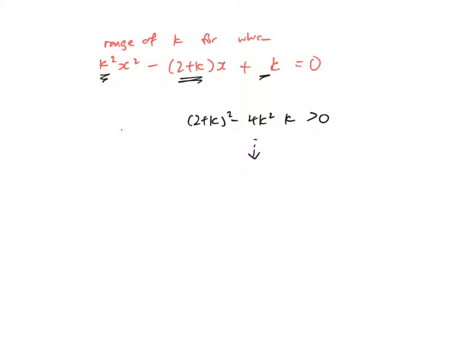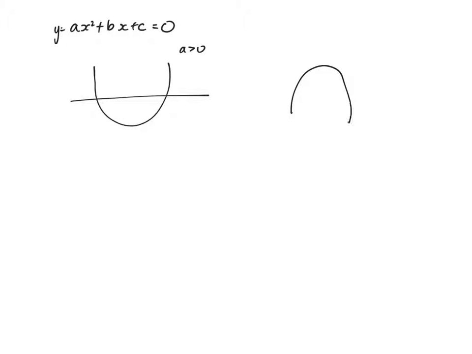Okay, another type of situation for discriminants is that it's not only about equations, but also the graph. If you're talking about y equals ax squared plus bx plus c, equal to 0, then visually the graph can look like this, where a is positive, or this way, where a is negative.